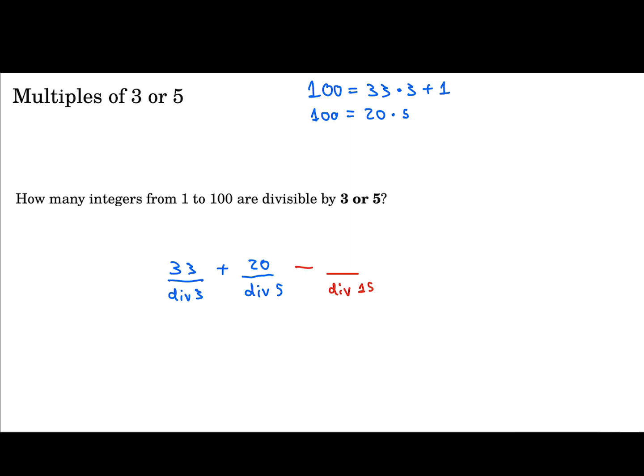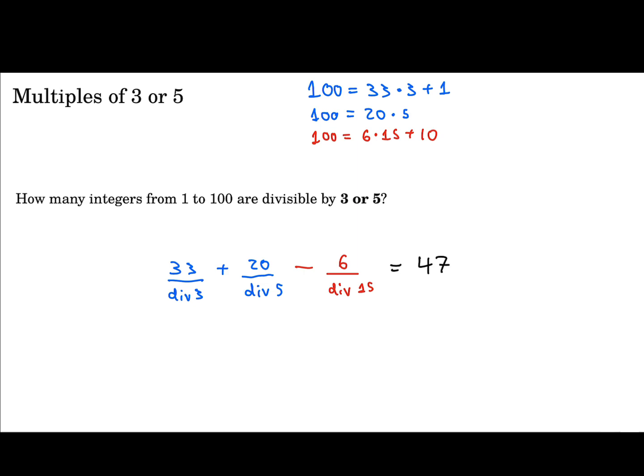And so how many do we have? 100, you can write it as 6 times 15 plus 10, right? So 6 times 15 is 90, and then plus 10, 100. So you need to subtract these 6 numbers that appear repeatedly, and with this, you get our answer, which is 47. So there are 47 integers from 1 to 100 that are divisible by 3 or 5.